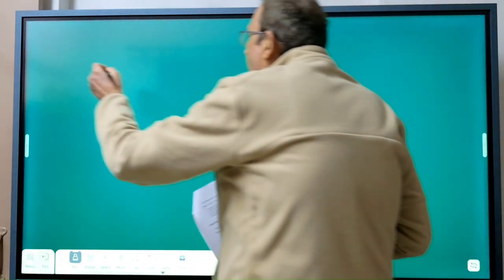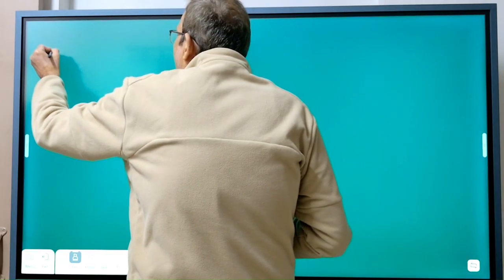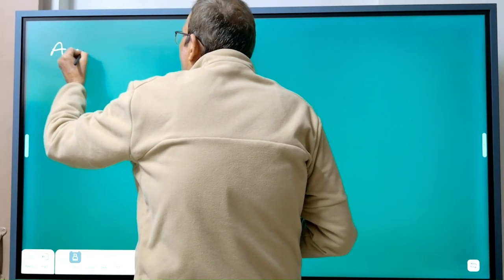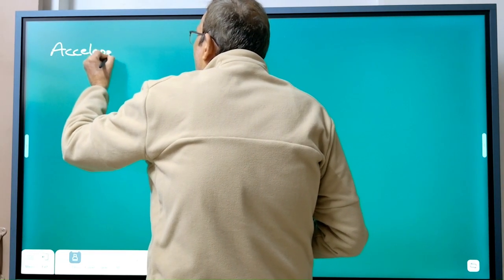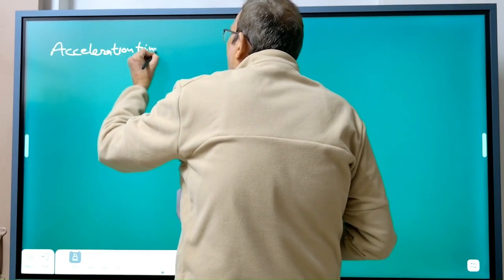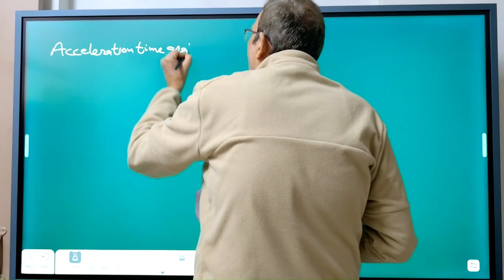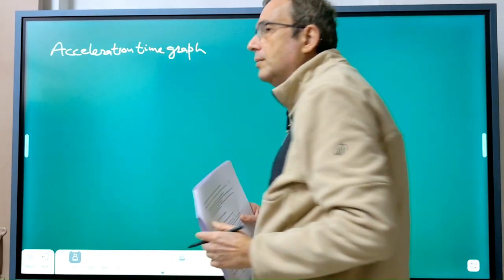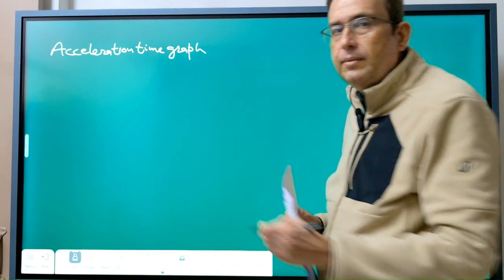Then let us talk about the acceleration-time graph.